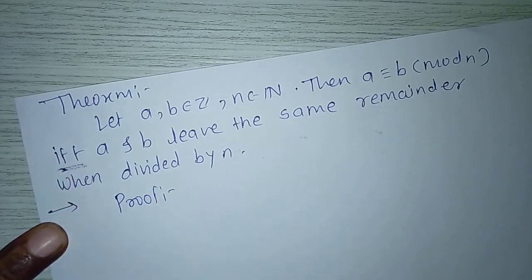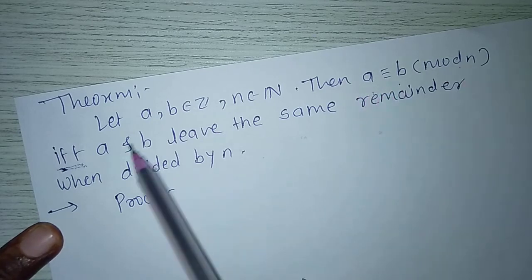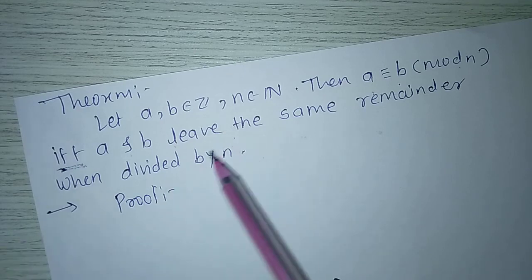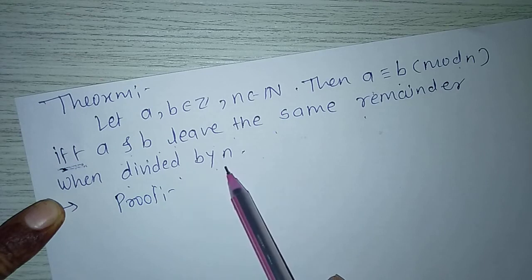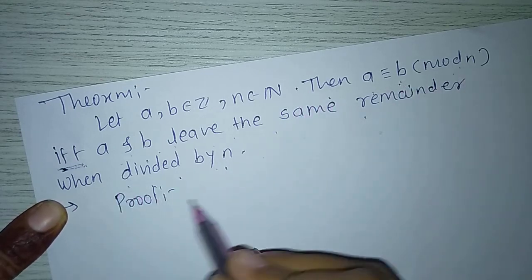That's why we have to show that first, if a is congruent to b modulo n, then a and b leave the same remainder when divided by n. And second, if a and b leave the same remainder when divided by n, then a is congruent to b modulo n. Proof.